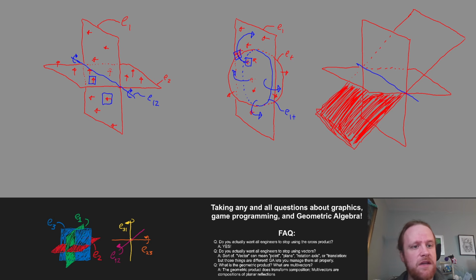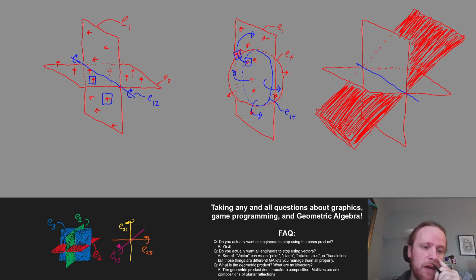A sphere is an example of a generalized sphere, but a plane is also an example of a generalized sphere, because a plane is a sphere that is very, very big. It's gotten very, very big, and it's ended up infinitely big. Yeah, that's what a plane is.